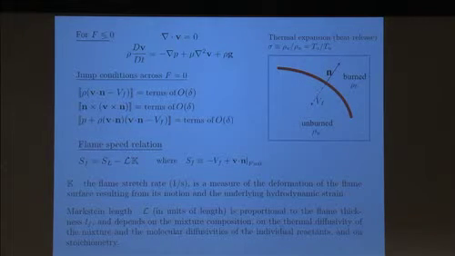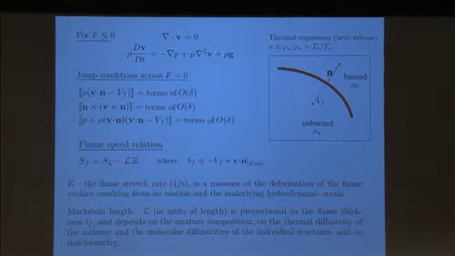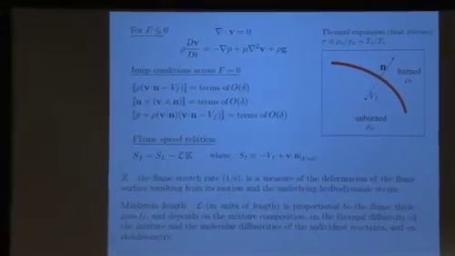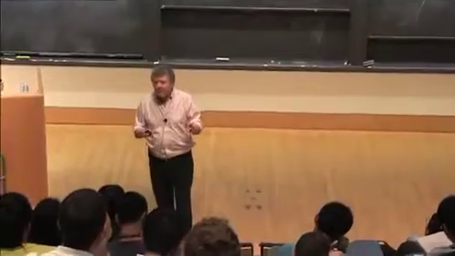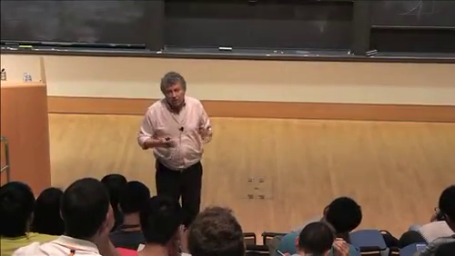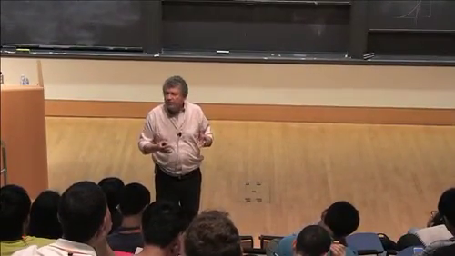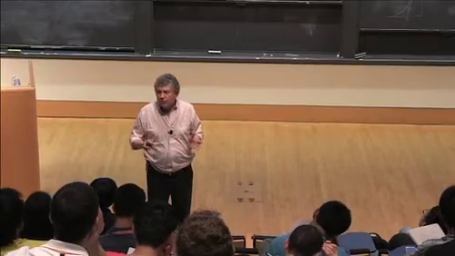The reason it's called the Markstein length is that in the 1950s, Markstein hypothesized that the fact that the flame speed is equal to the laminar flame speed is not quite accurate. So he said, let's assume that there is a coefficient that is proportional to curvature.